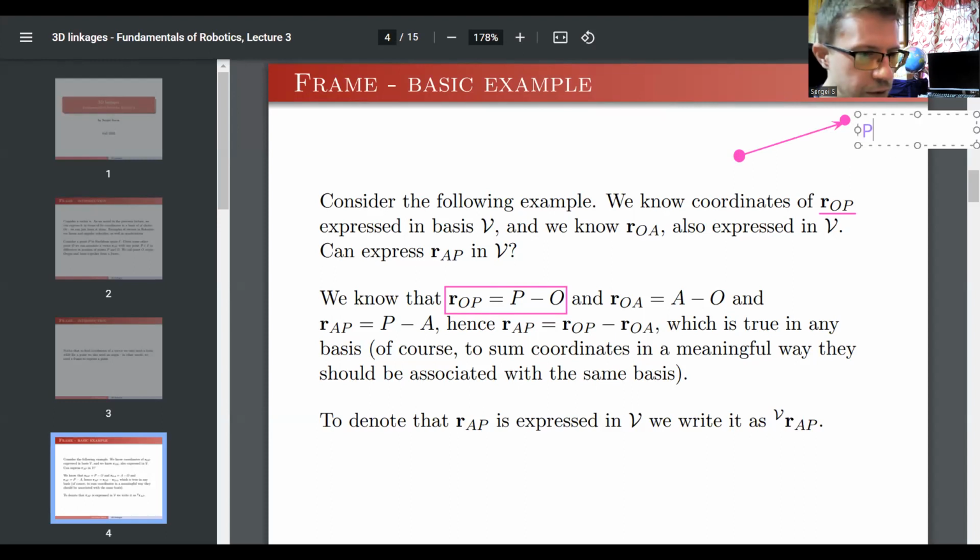This would be P. This would be O. So R sub OP is pointing at P from O. Analogously, R sub OA points at point A from point O.